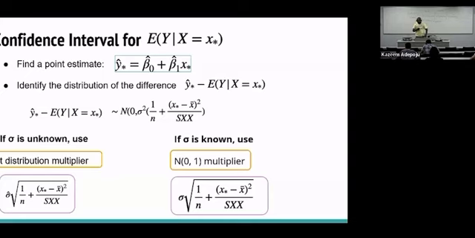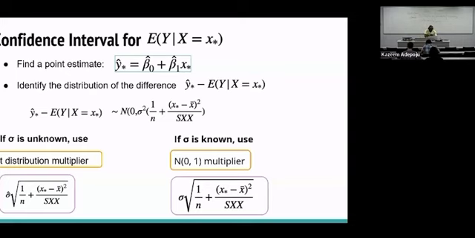When the population standard deviation is not given, it means we need to estimate sigma, which is going to be the sample standard deviation. The sample standard deviation is sigma cap. The sigma without a cap is the population standard deviation, which means you have been given that one, and that is why it is known. Please pay attention to that.